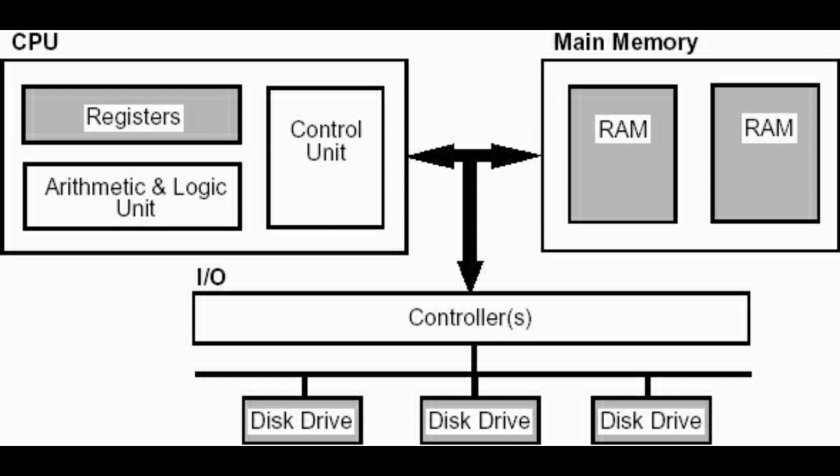To further optimize processing, some CPUs employ techniques like pipelining. It allows multiple stages of the fetch, decode, and execute cycle to overlap. In more advanced systems, multi-core processing is leveraged, enabling the CPU to execute multiple instructions simultaneously by utilizing multiple processing cores.